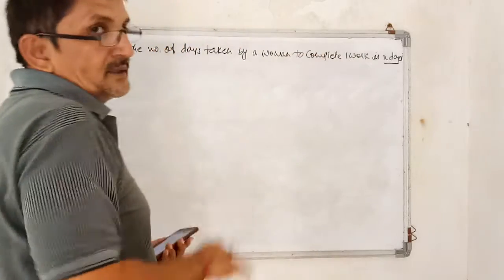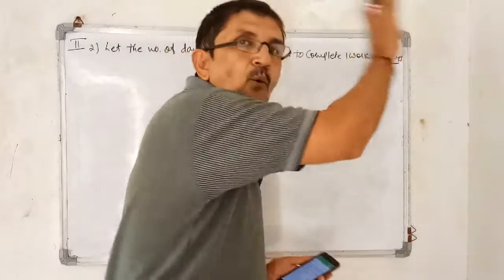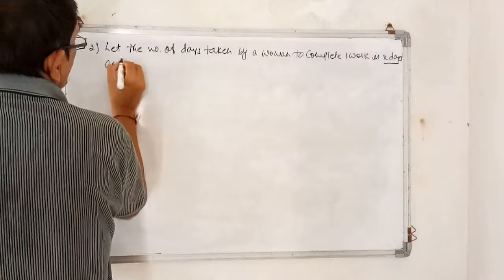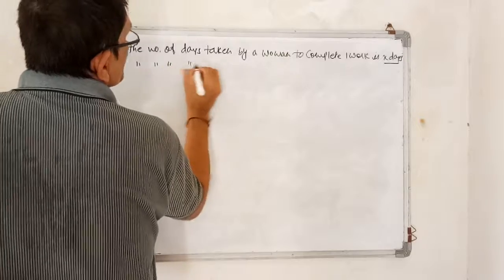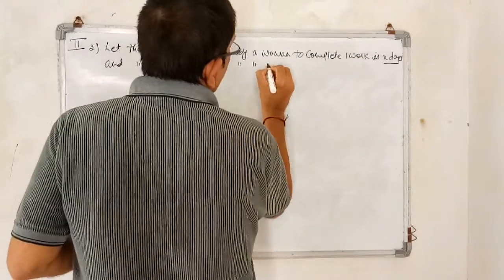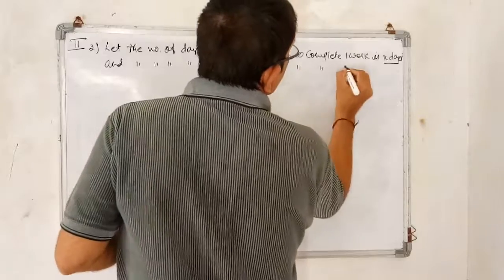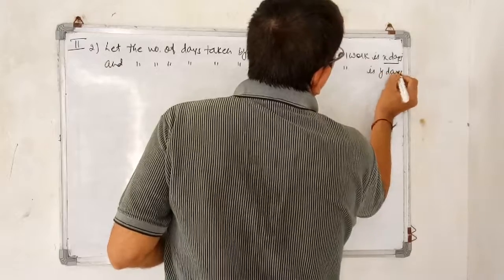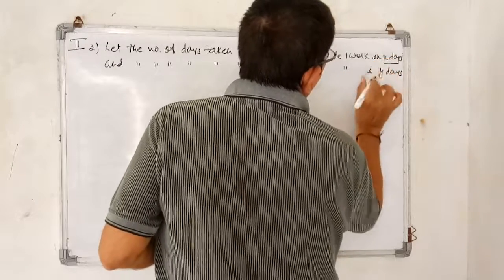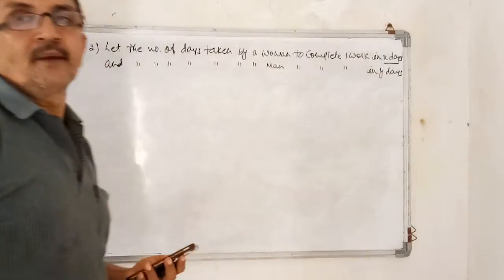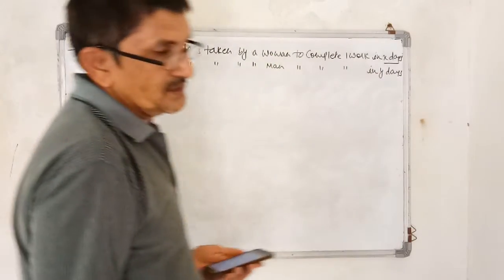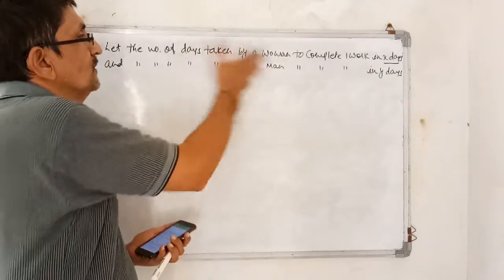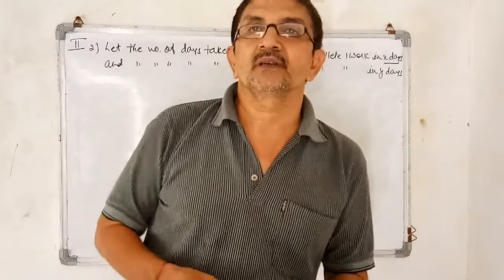The embroidery work is considered as a whole work, one work in X days, and the number of days taken by a man to complete one work is Y days. So one woman alone can complete the whole work, that is the embroidery work, in X days, and one man alone can complete the embroidery work in Y days.